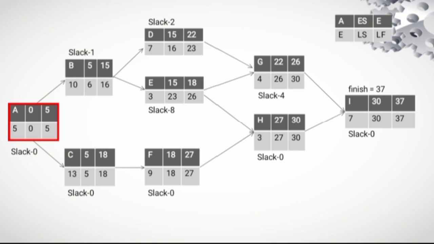We are now done doing the backward pass. So next, we're going to proceed to computing the slack, meaning the activity can be delayed by some days and still be done within the project completion time.